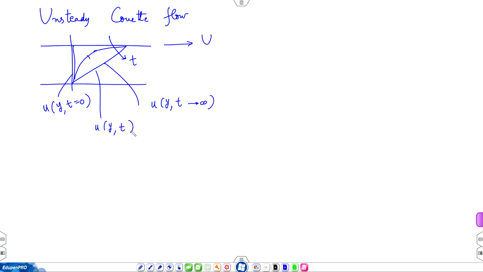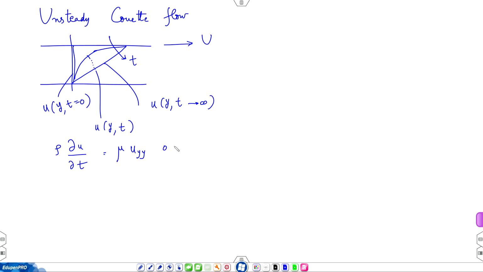You want the full solution, then solve the extended form of Navier-Stokes equations, by including this time derivative, which is the temporal acceleration term. So, velocity is now changing with time.